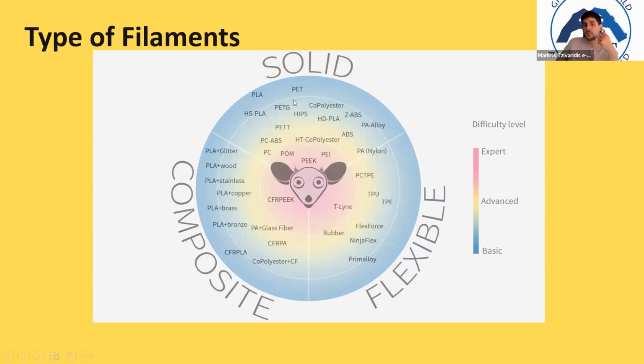But as you move on, you can use different types of filaments like TPE and TPU, which, as you can see, are yellow, which makes them, let's say, advanced 3D printing filaments, so that when you print them, you need some type of experience in order to print something and not fail, like the carbon fiber that we talked about before.